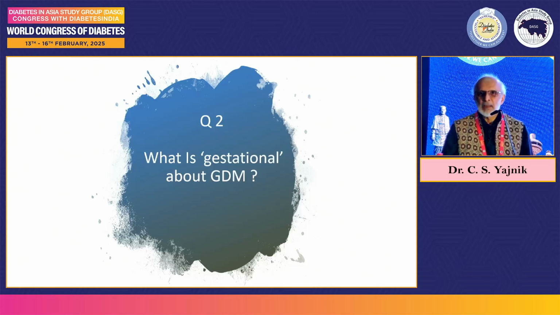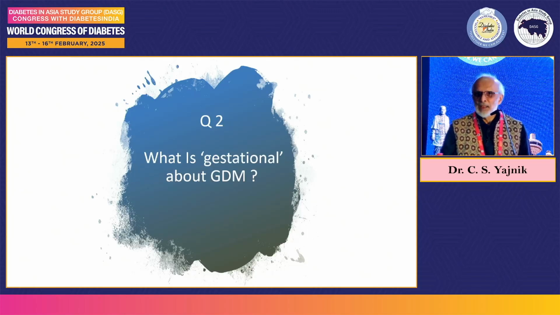So the first question was, do we really know what diabetes in pregnancy is? I have to say I don't know what it is. The second question, is it gestational?